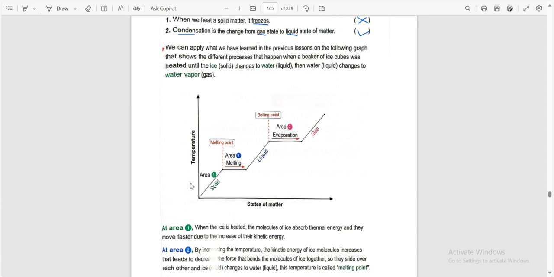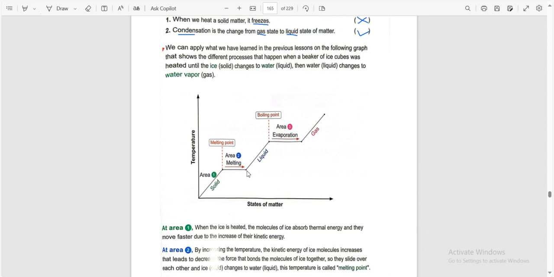And to increase the thermal energy, you increase the temperature. So as we go up, you can see the temperature increasing. So here we have a solid, and as we increase the temperature, it's moving more towards being liquid until it reaches a certain point which is called the melting point. And it takes some time to melt, and this is what we call the area of melting.